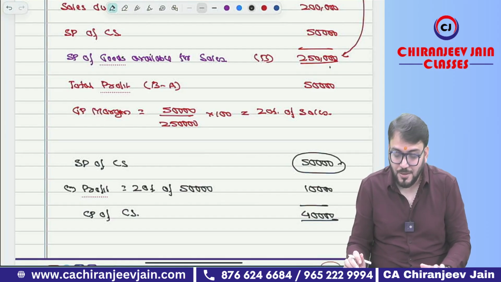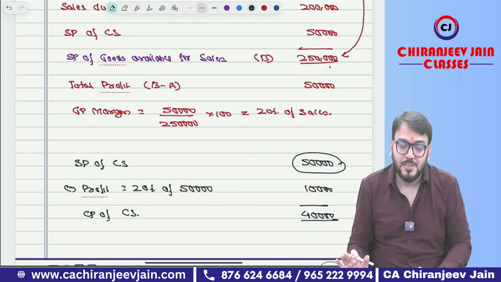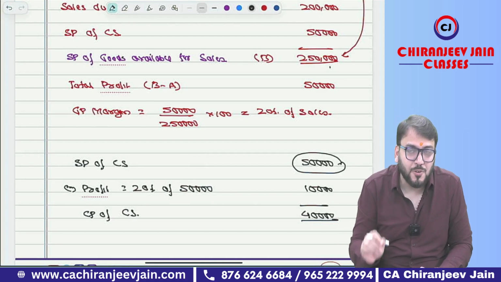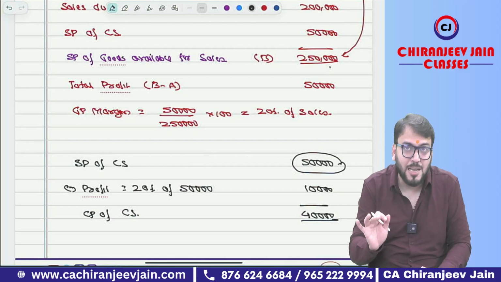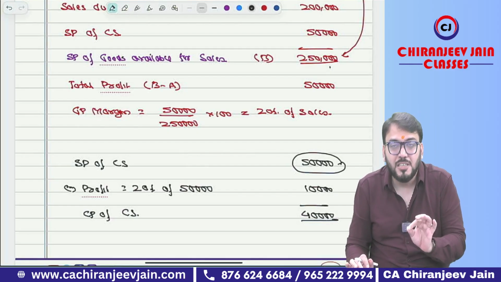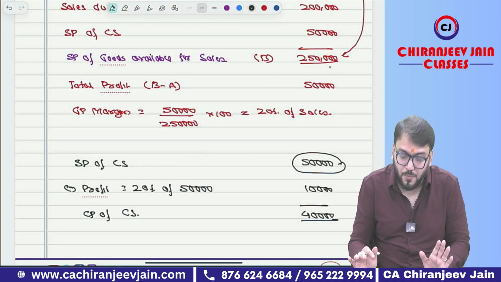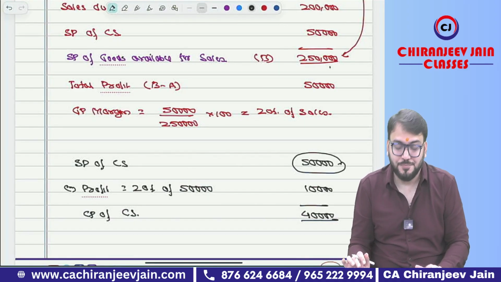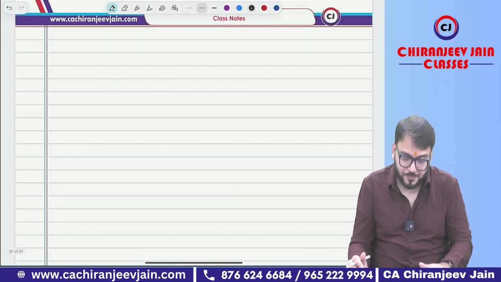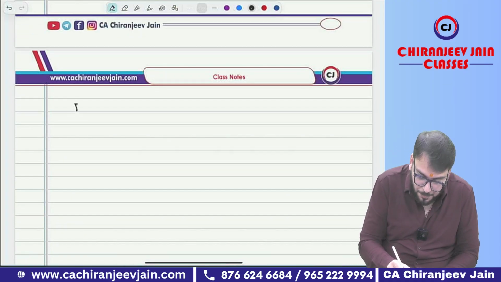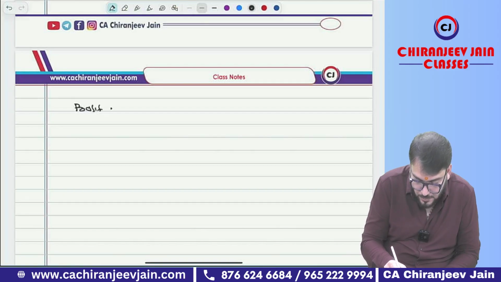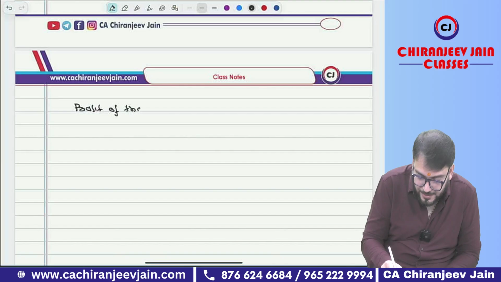Now can I ask one question? If you can tell me the correct answer for that, it means you have understood the entire concept. My question is, how much is the profit of this year? I am giving you three options. What is the profit of the year?